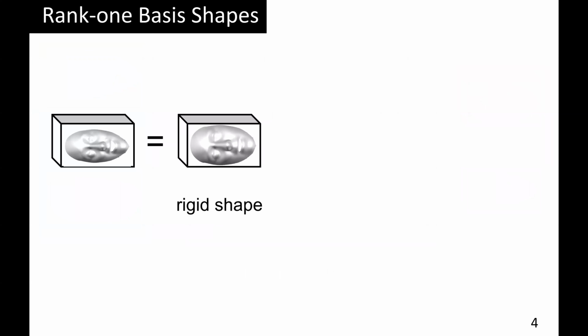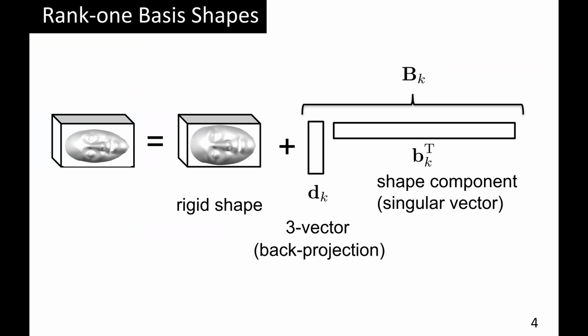So again, to focus on this specific part, we have the basis shapes, which are the sum of a rigid shape and a product of a 3-vector, which performs a back projection of a shape component, b_k.